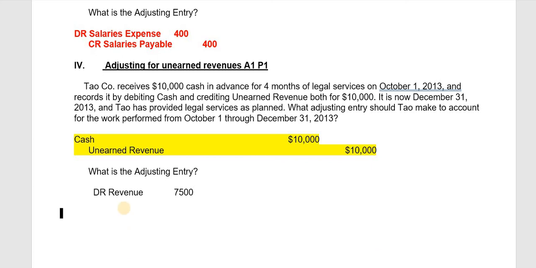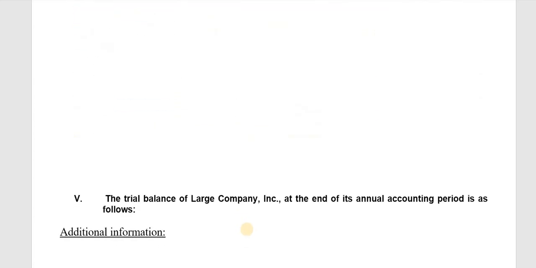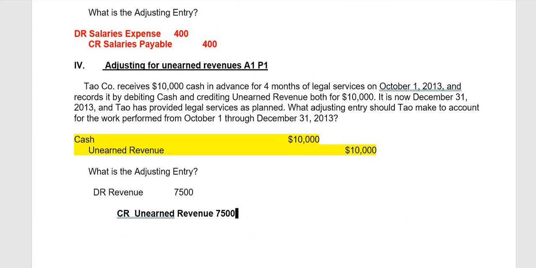And then we're going to credit earned revenue, $7,500. There you go. If you didn't do how you'd like on them, print out a blank one, do it again.